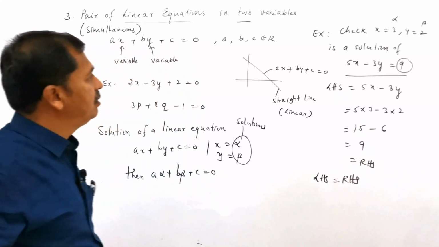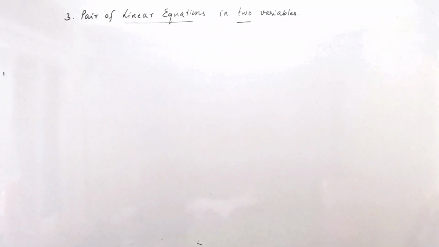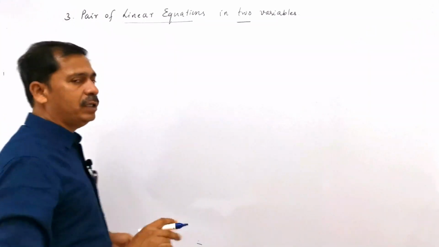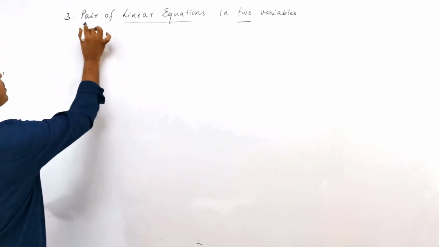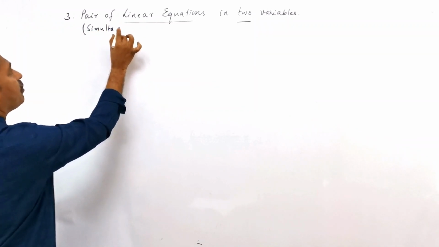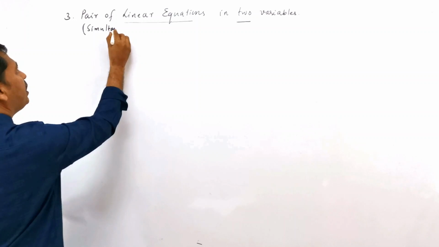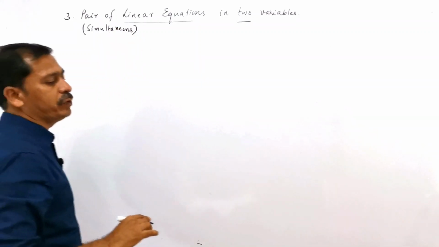Now let us have a look at the next aspect here. See, in the next part of discussion, I would like to take into consideration simultaneous. Pair means simultaneous. Pair of simultaneous linear equations in two variables.